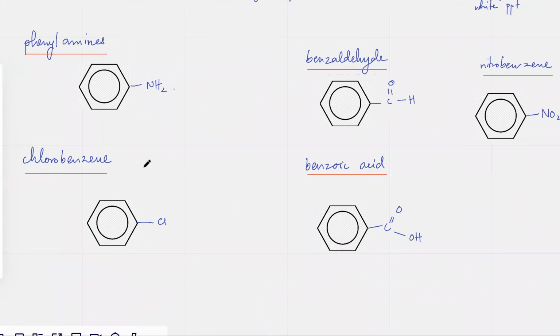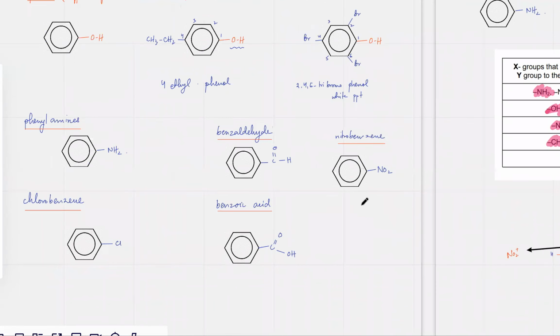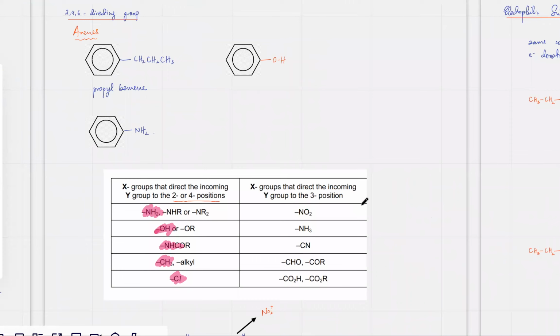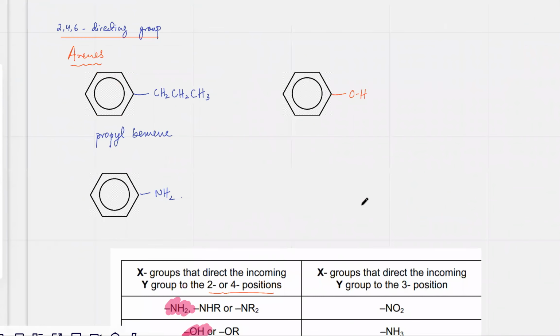And you also had phenylamines, which were benzene with an amine, benzaldehydes, nitrobenzene, you've got chlorobenzene, and you've got benzoic acid as well. So these are derivative compounds. So benzene is going to be attached to many things, and that would affect electrophilic substitution.